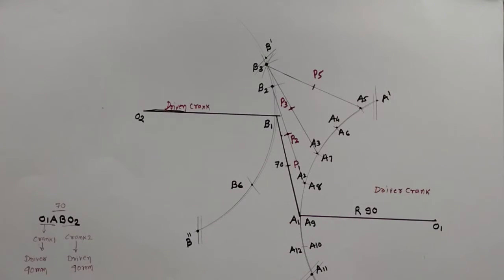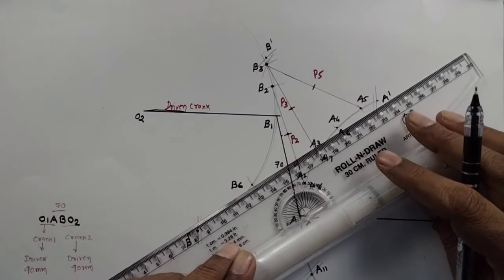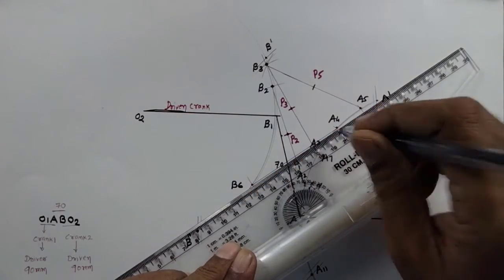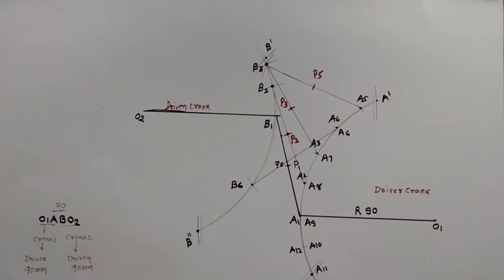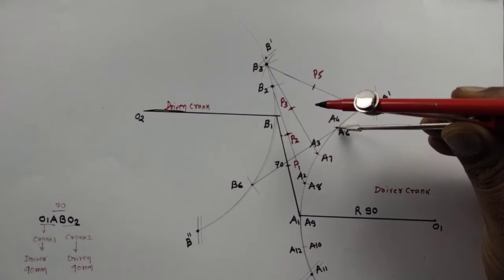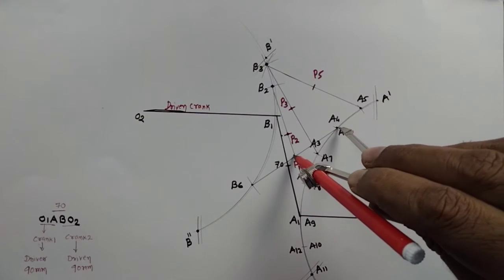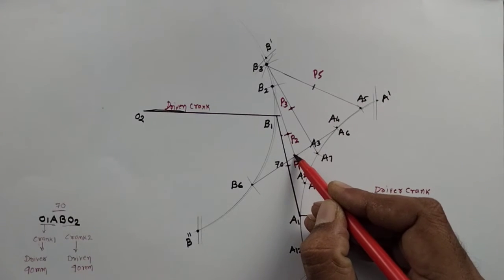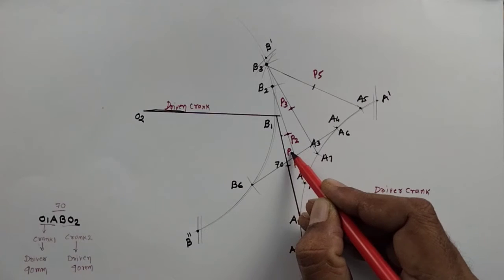First we join our A6, B6 with a light line. A6 is the center, I draw the arc. I got my P6 point here, P6.